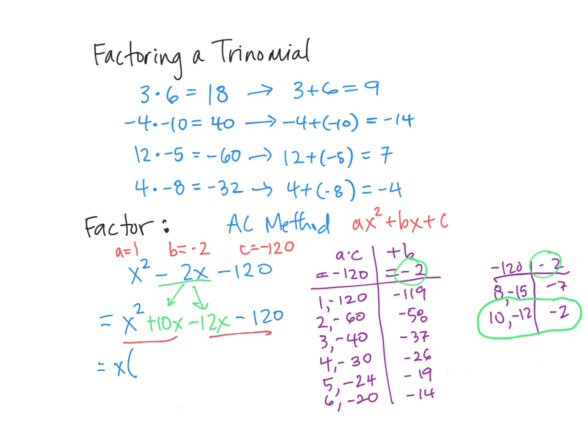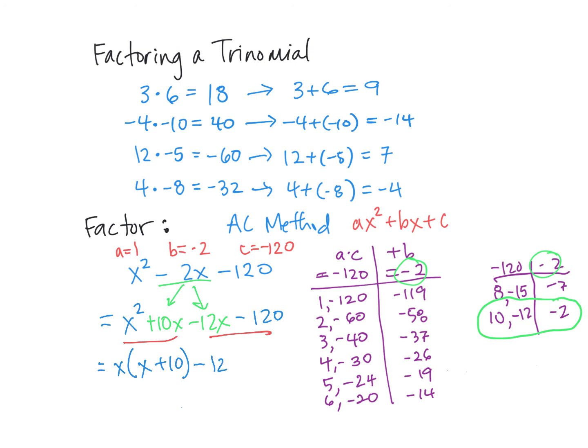If I pull out one factor of x, that leaves the other factor of x plus the 10. My third term is minus, so I'm going to pull out a minus sign next. And then 12 and 120 are both divisible by 12.